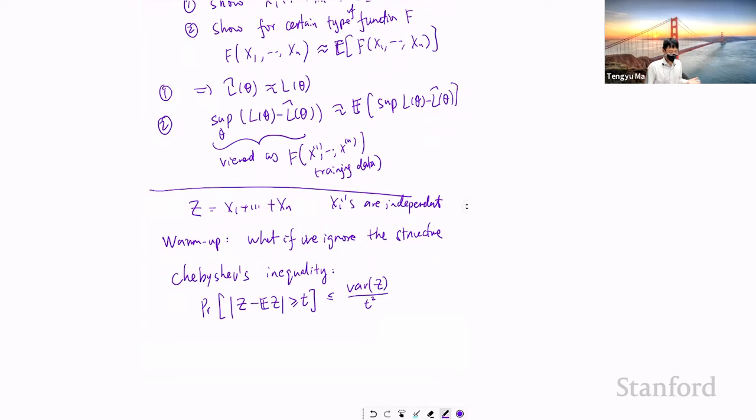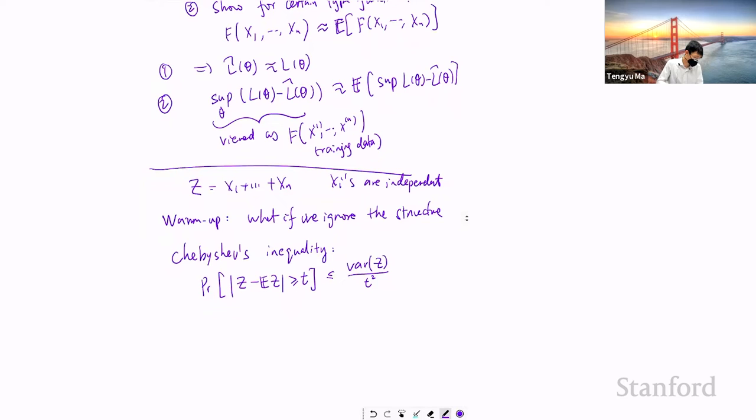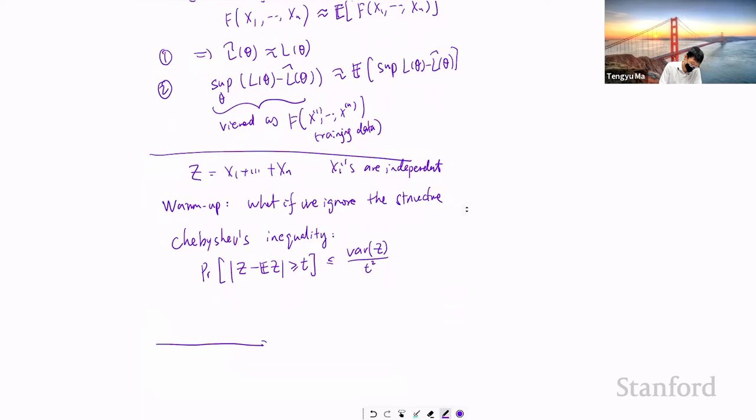It's pretty intuitive, right? If the variance of z is small, then you have less deviation from the expectation. And of course, if t is bigger, if you look at a bigger window, then there's a smaller probability outside the window. So if you draw this, suppose you have a distribution that looks like this, and the mean is here, the expectation of z.